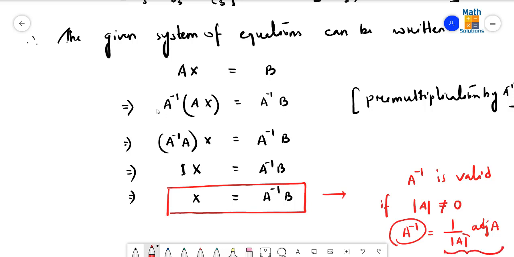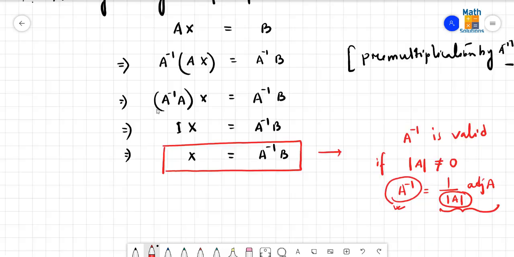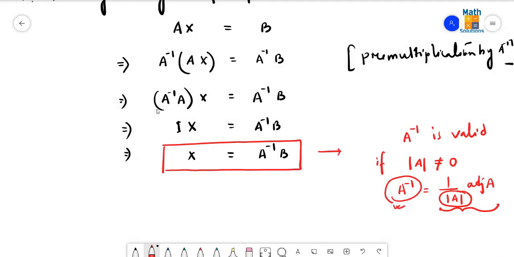So to find the value of A inverse, first we shall evaluate the determinant of A, which is obtained by expanding the determinant. If it comes as zero, then this entire thing becomes not defined, and it is not possible to find A inverse.